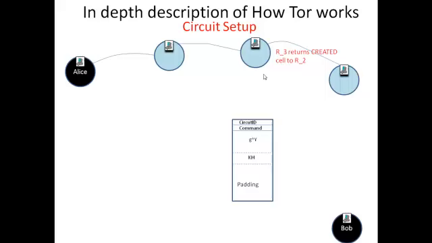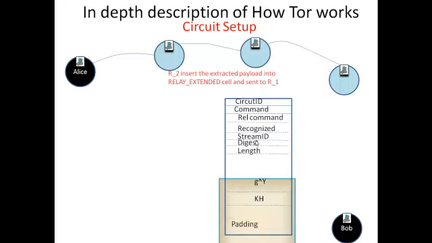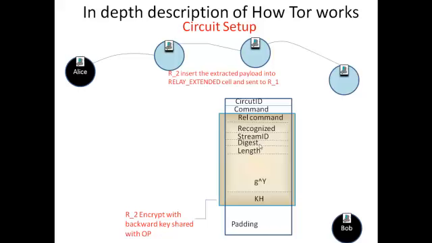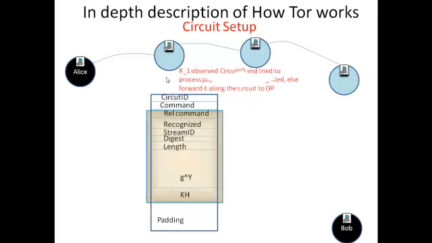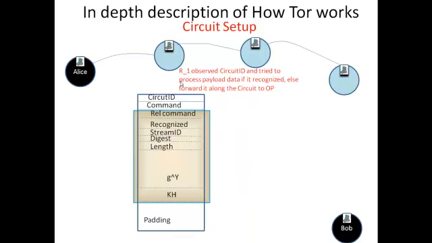On reaching here, it will extract this data and generate a relay extended, encrypted with the backward key shared with Alice. Now it sends it through the same route back to the first relay node.